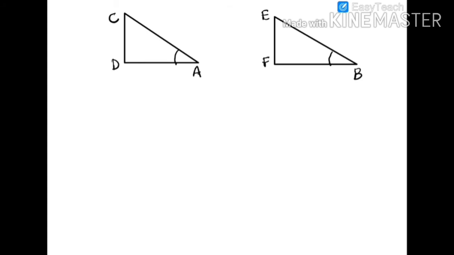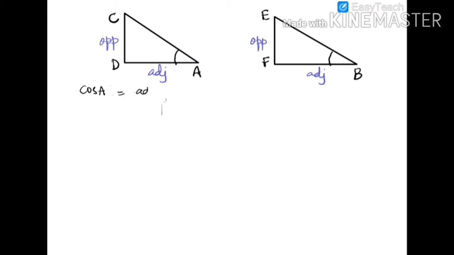So considering angle A, the opposite side will be DC and the adjacent side will be AD. In the second triangle, considering angle B, the opposite side will be EF and the adjacent side will be FB. Let's write down cos A in triangle CDA.